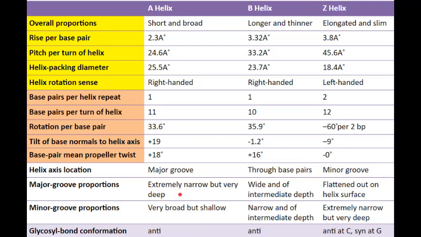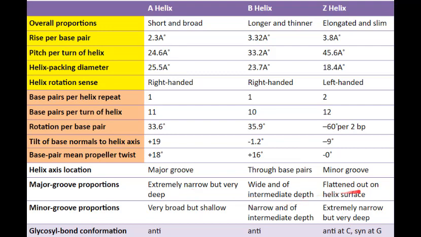So the major groove is narrow in a helix, and the minor groove is wider. The major groove is narrow in A-DNA, and the minor groove is shallow and wide. So you can find this.